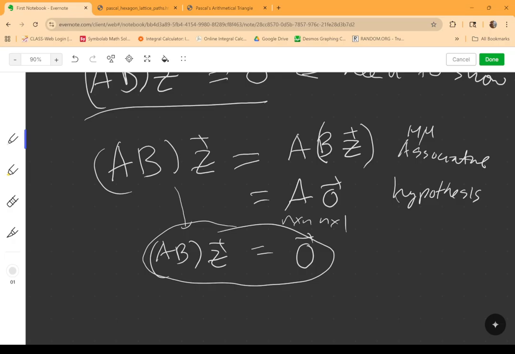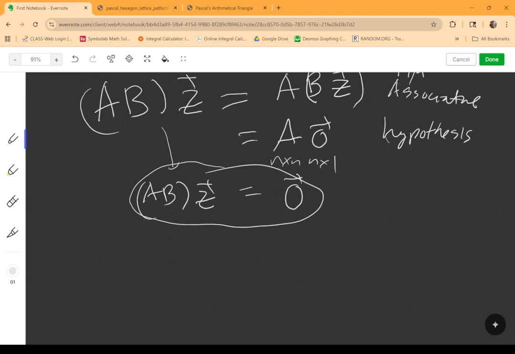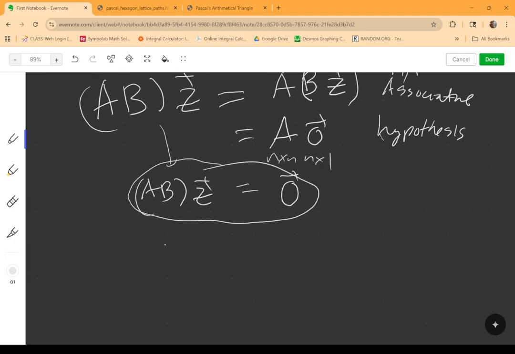Those were our hypotheses. And now we have shown that AB is singular, because I have found a non-zero vector that is a solution to the homogeneous system. So that was case 1.